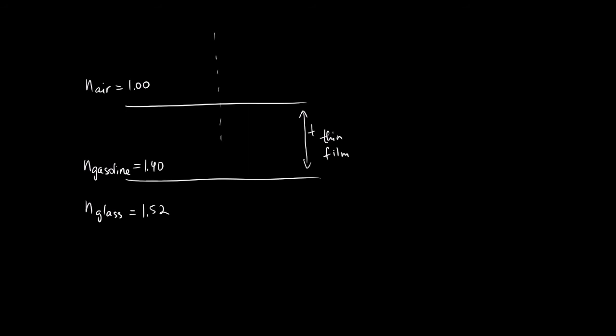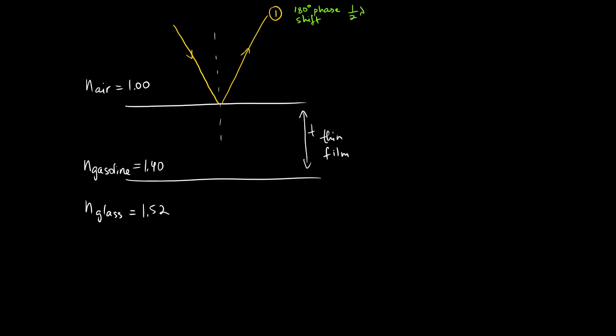We have light traveling through the air first, incident to the air-gas interface, and it's going to reflect the first wave, and I'm going to write immediately, because we saw there is a phase change, 180 degrees phase shift, which is half a lambda cycle.